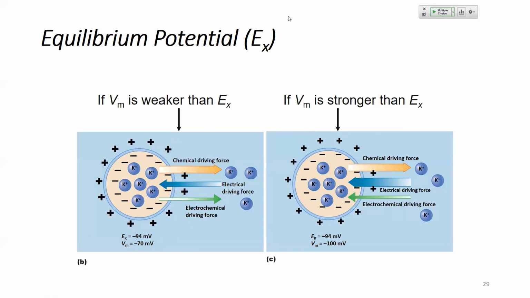So because the membrane potential is stronger than the equilibrium potential, the electrical driving force is the dominant force here, and so the electrochemical driving force will follow the direction of the electrical driving force. And again, the magnitude will simply be the electrical driving force minus the chemical driving force. But the net movement here will be into the cell simply because the dominant force is going to be the electrical driving force.